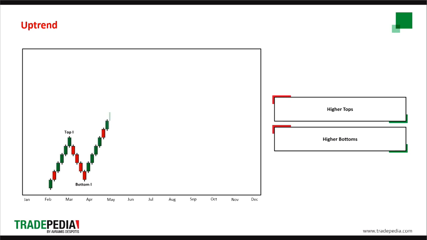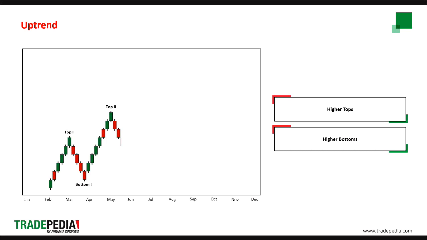So I wait, and then I see the market prices moving up, breaking above the first top, and then again forming a top higher than the previous top. Of course, after the appearance of two big body red candles with lower highs and lower lows. Now something is changing. Now I can see the beginning of an uptrend.